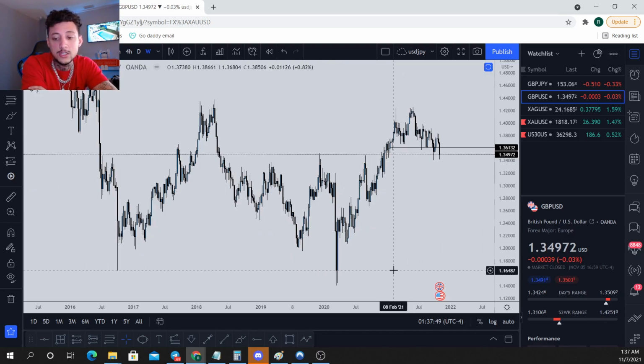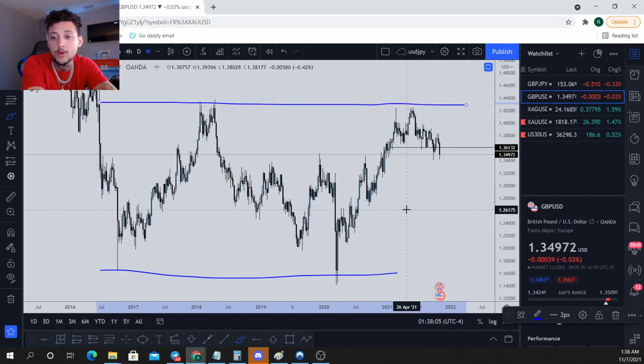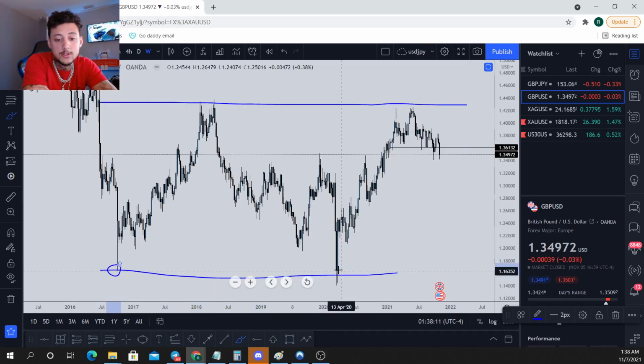So let's just say GU right now is bouncing around between 1.6 thousand, which is support, which we haven't gone over supporting resistance, but you'll learn that later on, and resistance is going to be 1.44 thousand. So we know that our all-time lows are here, and our all-time highs are here.